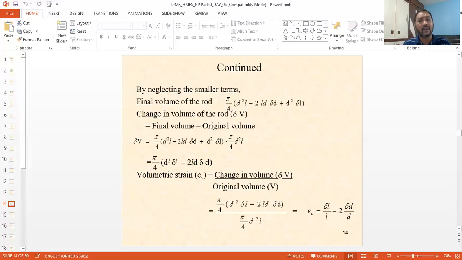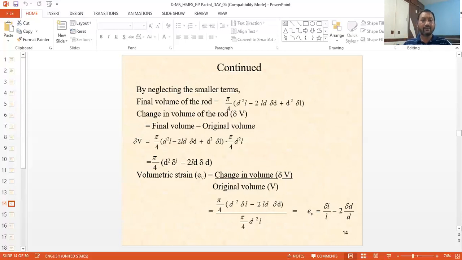Now we can find out the change in the volume of the rod, delta V. The change in volume is nothing but the final volume minus the initial volume.